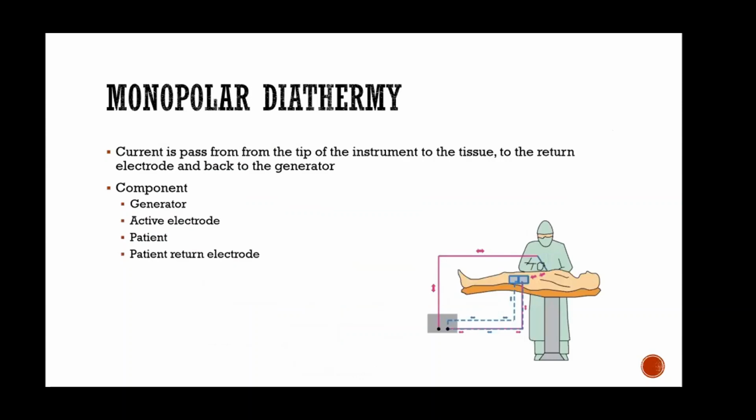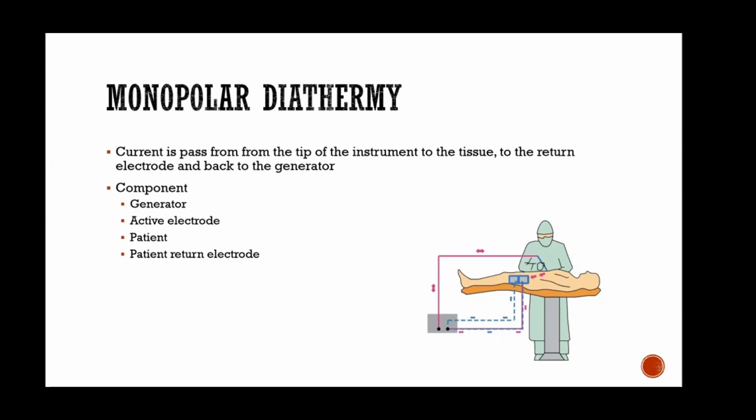We go to the first type, which is monopolar diathermy. As you can see from the picture, the current passes from the generator to the tip of the instrument, then to the tissue, and then goes back to the generator.